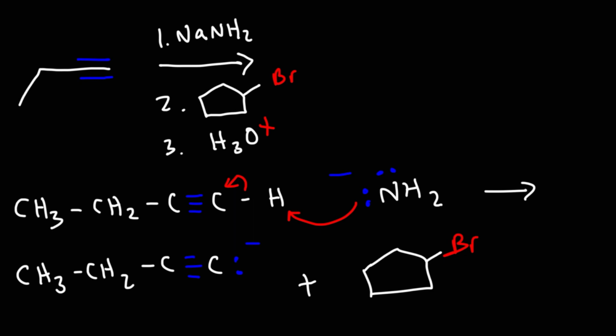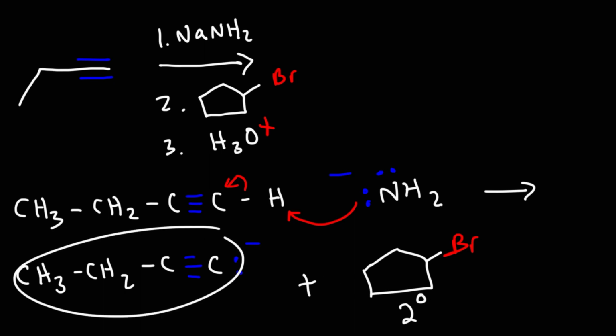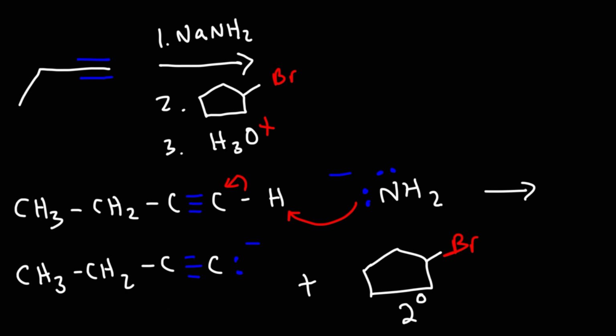Now the question that we need to ask is, will this be an SN2 reaction or an E2 reaction? We have a secondary alkyl halide, and this conjugate base of the alkyne is a strong base, even though it's a good nucleophile. And so the SN2 mechanism will compete with the E2 mechanism.